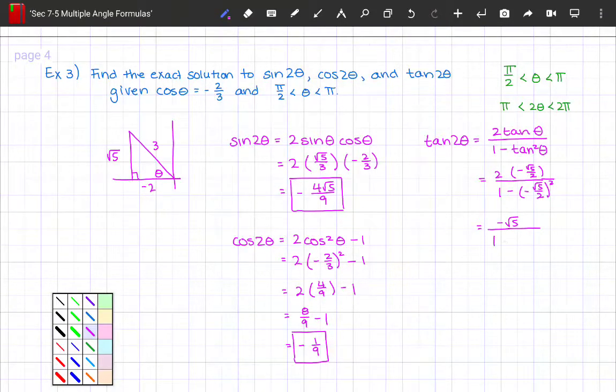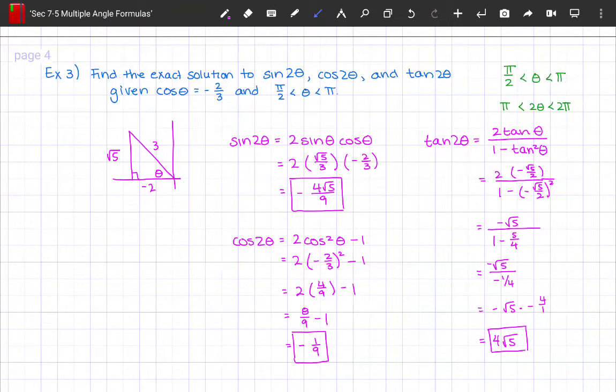And in the denominator, we're going to get 1 minus, and if we square negative, it's positive, root 5 squared, you get 5 over 4. We're getting negative root 5 over negative 1/4, which is negative root 5 times negative 4 over 1, which is positive 4 root 5, which again isn't unexpected.